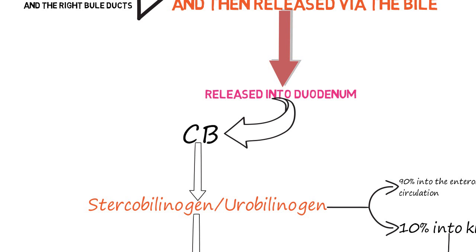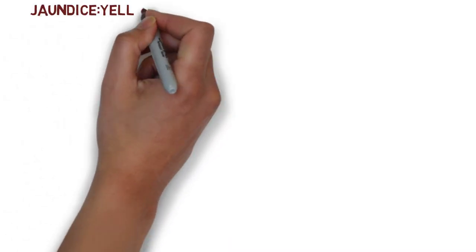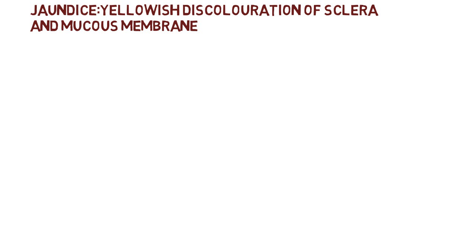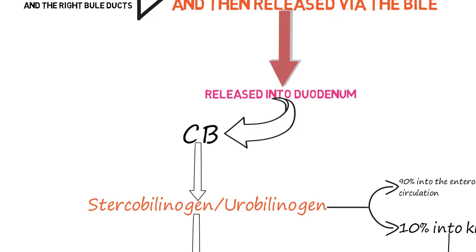See, please make it clear that jaundice is not a disease, but it is simply a symptom of the underlying pathology, and it is defined as the yellowish discoloration of the sclera and the mucous membrane of the body.